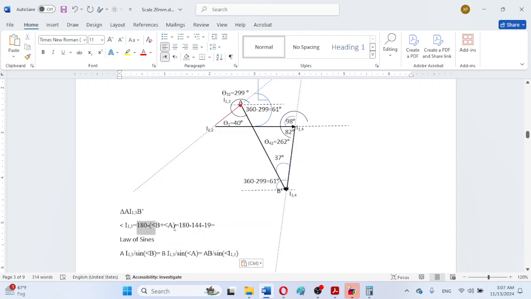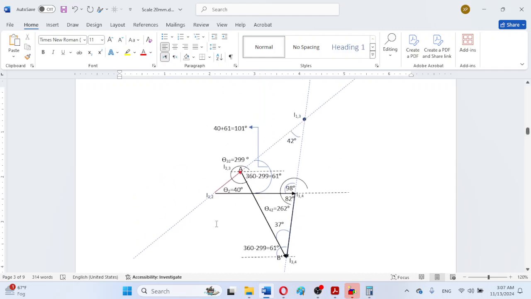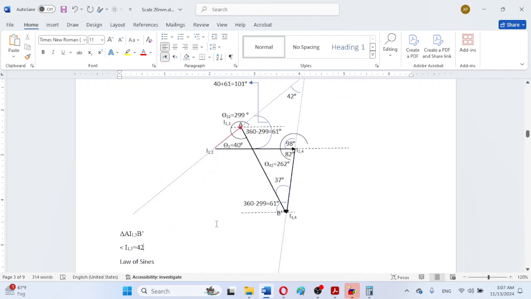The angle at I1,3 has just been calculated to be 42 degrees.